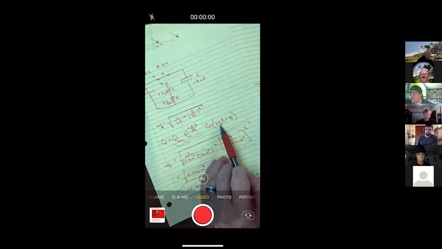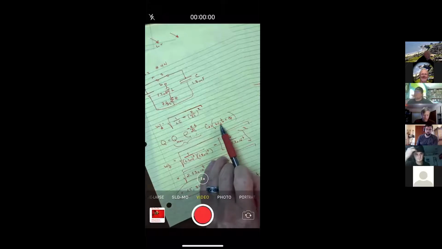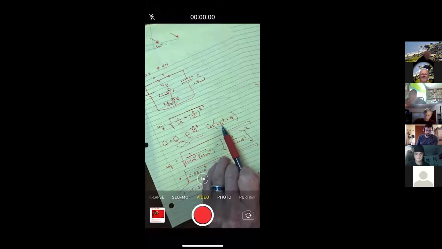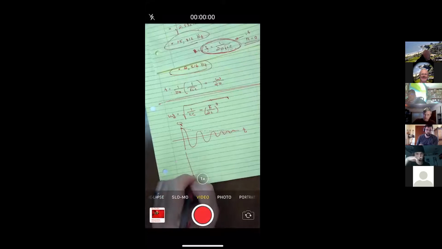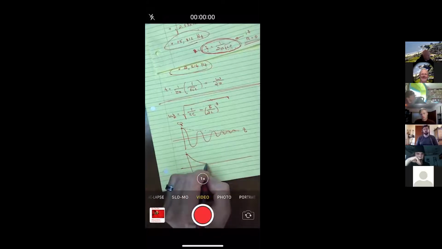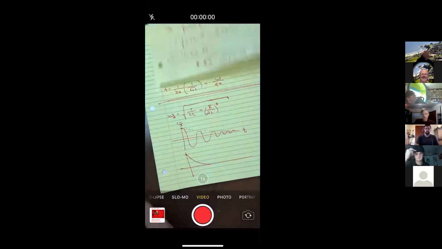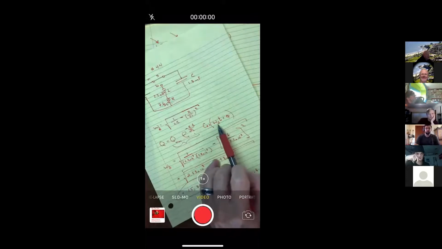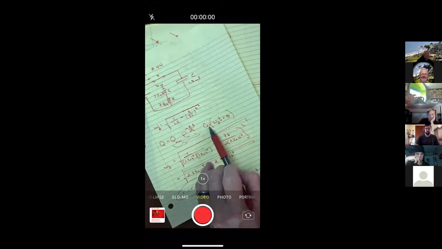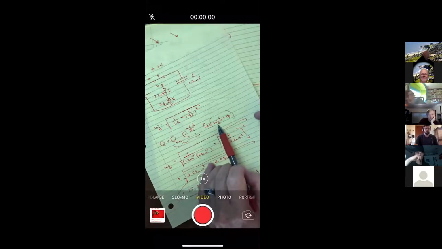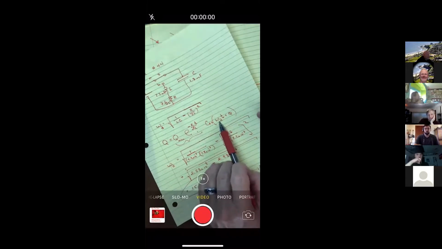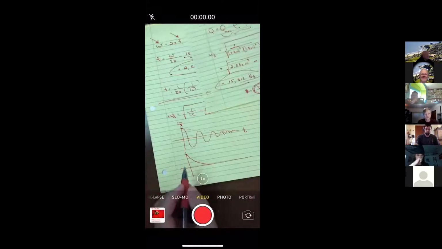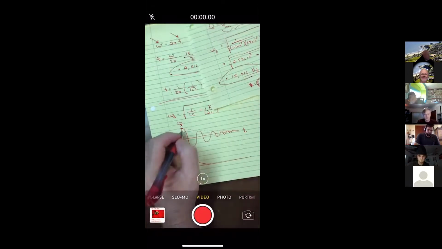Now, what's really interesting is right here, this frequency can go down and down and down and eventually become 0. And if it became 0, you wouldn't even get an oscillation. You would just get this kind of flat line, because cosine of 0 is just 1. And so as long as this number is not 0, as long as it's still positive, you get some oscillations. Like you might get something that looks like this.